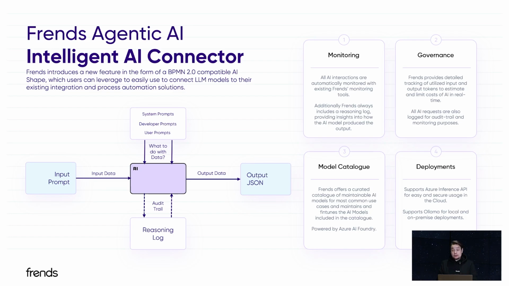One of the things that we want to highlight here is that we are also offering a pre-curated and pre-prompted model catalog where we have selected the variety of current and upcoming AI models, which we feel are best suited for various different types of AI use cases in these AI-powered workflows.